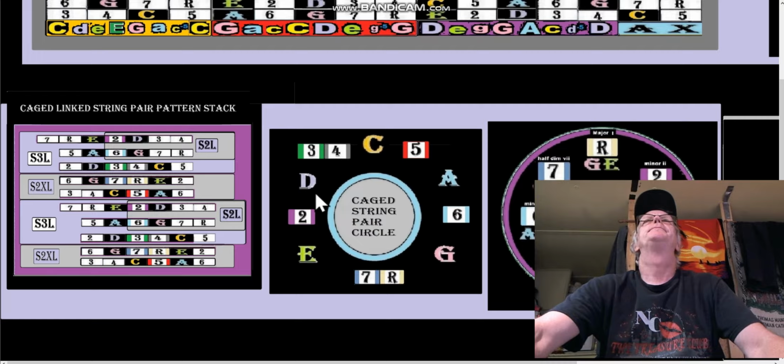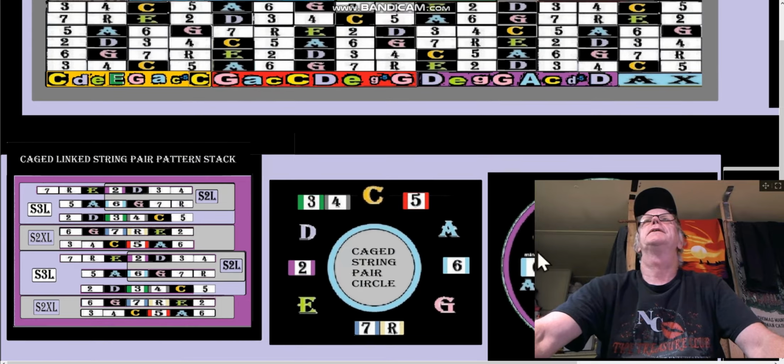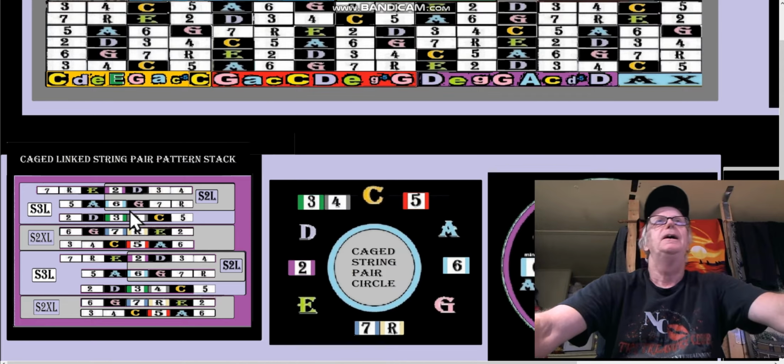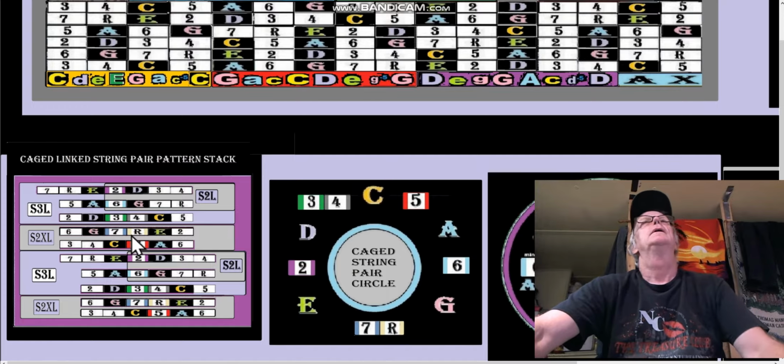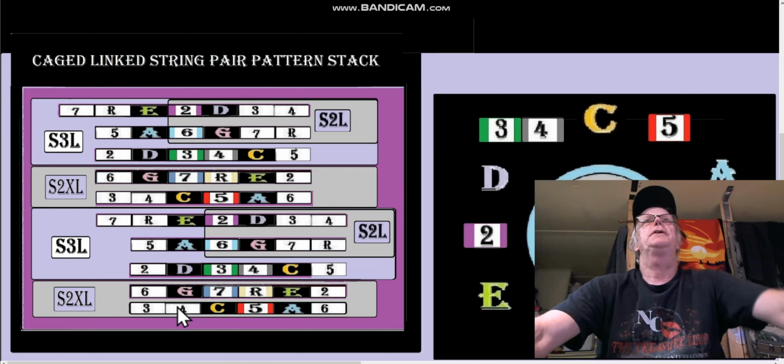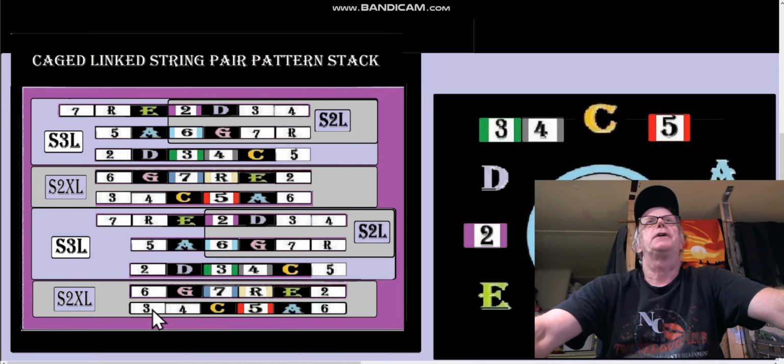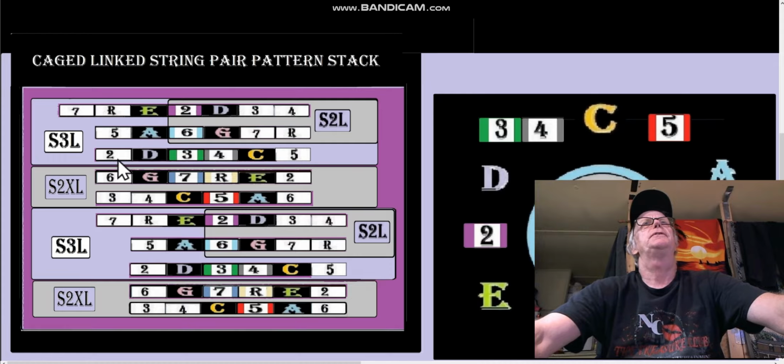And now we can't see this other circle. So essentially it's a 10 string pattern stack. So it goes 3 to 3, 6 to 6, 2 to 2, 5 to 5, and 7 to 7.